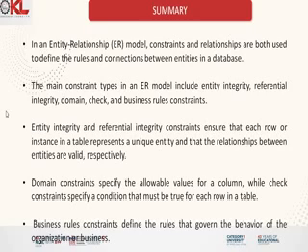And domain constraint is going to check whether we are giving proper conditions or not in a table or in a particular row. Business rules are going to define the rules which give the proper behavior required for the organization. So this is the concept of ER diagrams.